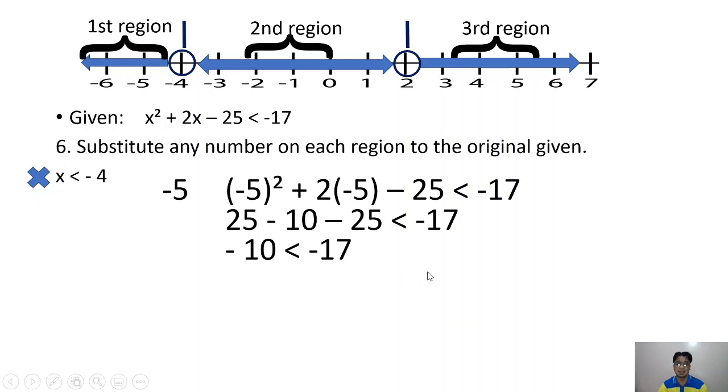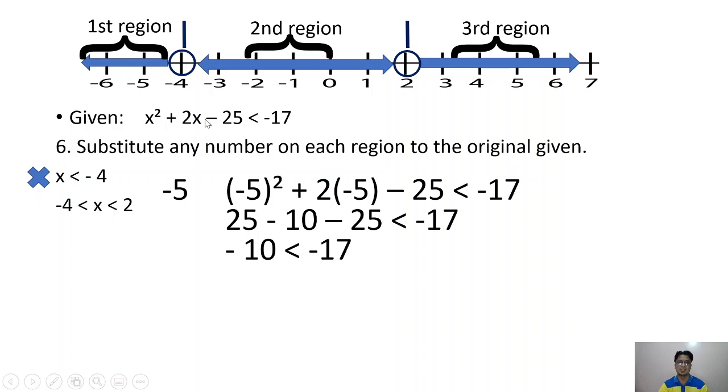Mali. Yung iba, sinasabi dyan lagi, false. Parang true, false. Pag tumama, true. Kasi ang tanong dyan, mas malaki ba ito? True or false? True. So, ang ginawa ko naman dito, mas malaki ba? Hindi. So, mali. Wala ka makukuhang value dito. Okay? So, we are through with the first region.